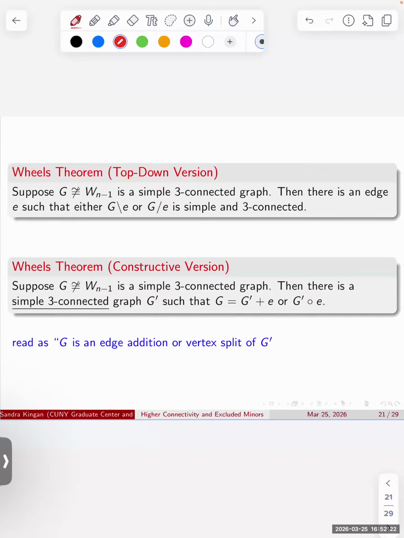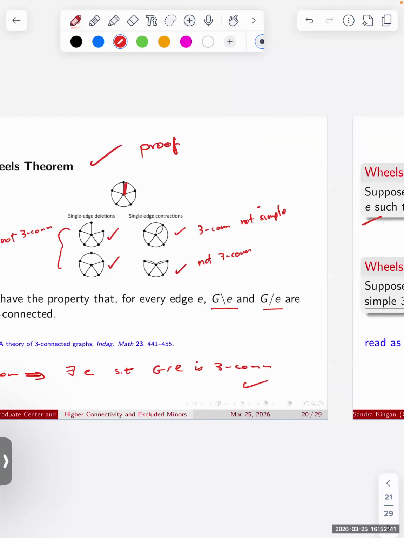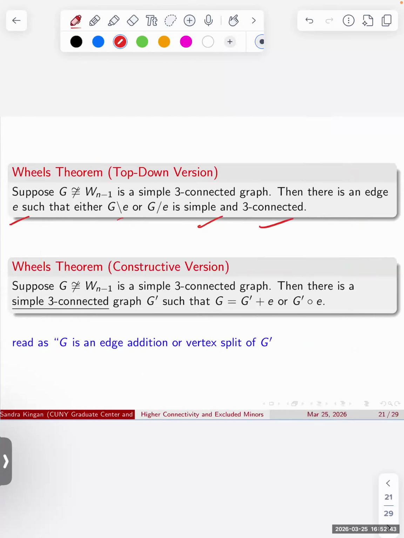That means every other graph will have an edge E such that G delete E or G contract E is simple and 3-connected. And simple and 3-connected is important because this was obtained much earlier, right? There's always going to be an edge such that G contract E is 3-connected, but just to get simple and 3-connected, there will be some edge such that G delete E or G contract E is simple and 3-connected.